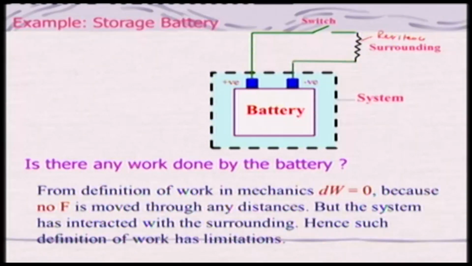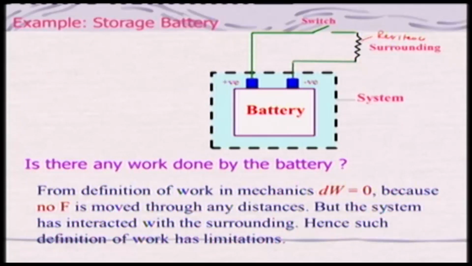From the definition of work in mechanics that we have discussed till now, in this case the work done will be 0, because there is no force moving through any distance. However, as I told, the system has interacted with its surrounding, that is the resistance.